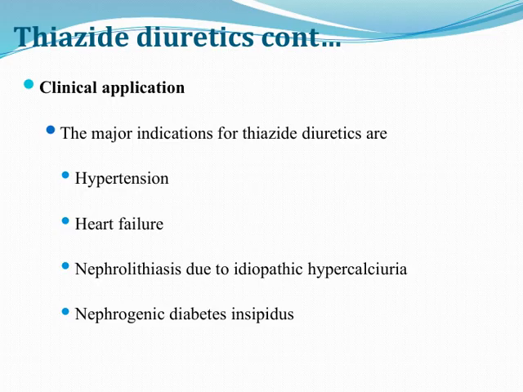They are also beneficial in cases of nephrolithiasis caused by idiopathic hypercalciuria, which is a condition where too much calcium is excreted in the urine, leading to kidney stones. Lastly, thiazide diuretics are used in nephrogenic diabetes insipidus, a disorder where the kidneys can't concentrate urine properly. Recognizing these key applications helps us understand how versatile and essential these drugs are in various clinical scenarios.